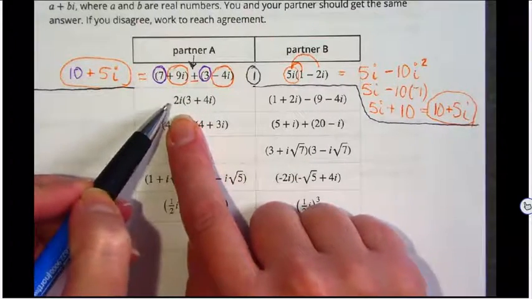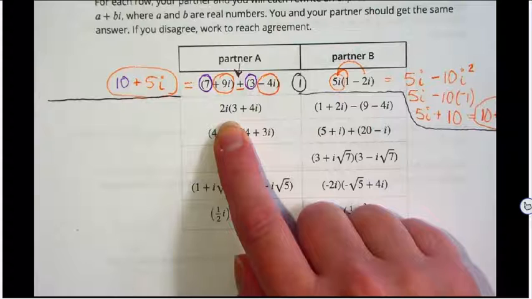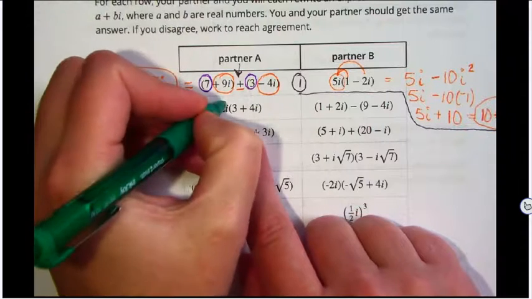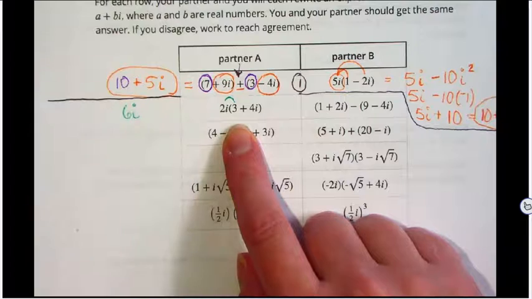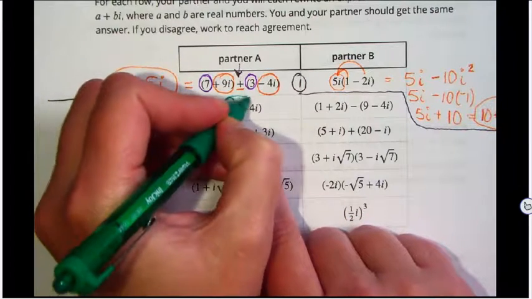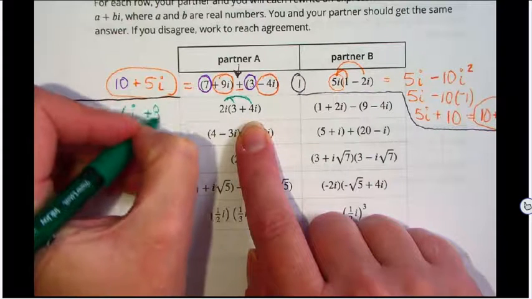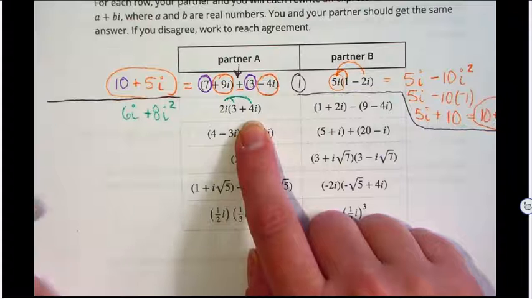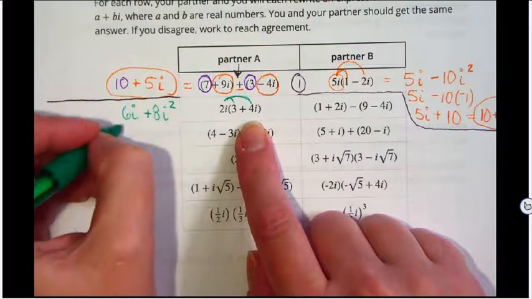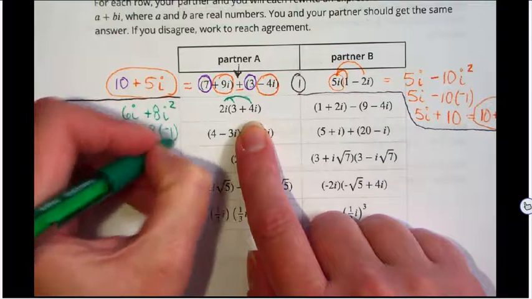Partner A, looks like now partner A would have the distributive property going on here. So 2i times 3 gives us 6i, and 2i times 4i, well, 2 times 4 is a positive 8. i times i is i squared, and maybe you're already starting to recognize again, 6i plus 8 times a negative 1.